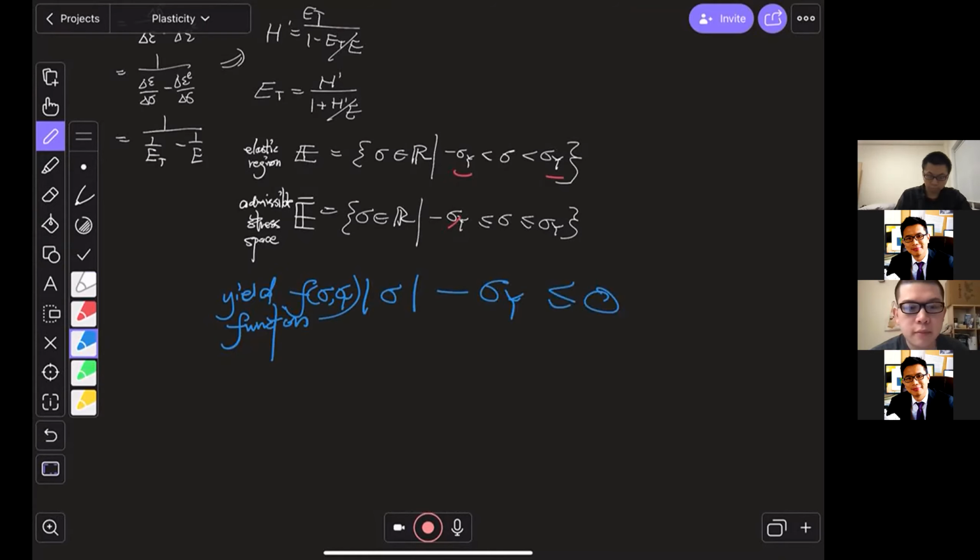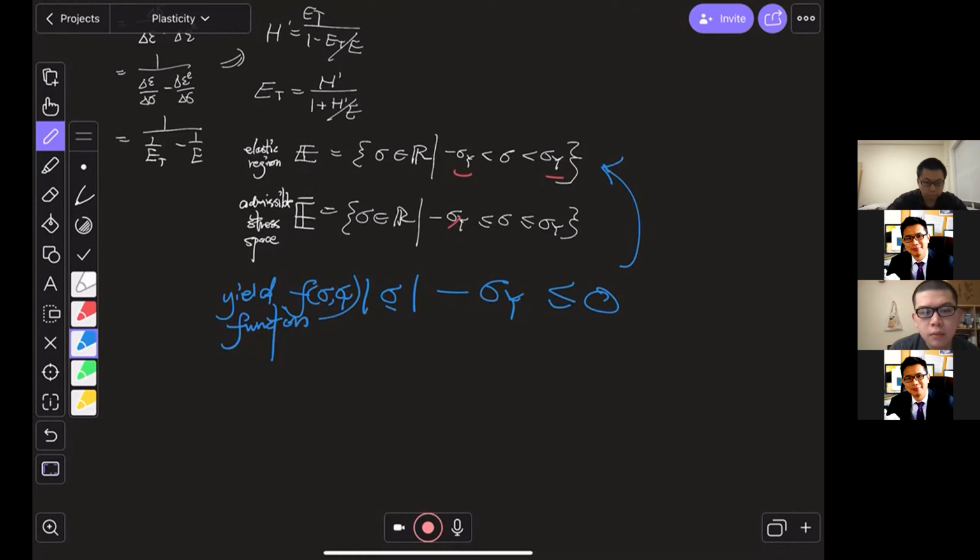Okay, does that make sense? And that corresponds to the elastic region. So if the stress is smaller than sigma y but larger than minus sigma y, then the material is not considered yielding. If it's not yielding, it is still elastic material. If it's linear elastic, that means I can still use E to get the stress from the strain.